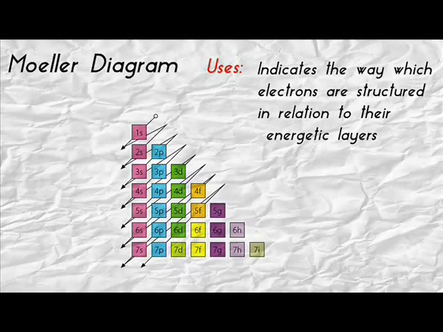The Molar Diagram indicates the way electrons are structured in relation to their energetic layers. In order to calculate the electronic configuration of any element found on Earth, you need to know the number of electrons it has and then follow the lines of the arrows in order to create a linear code that gives us information about the orbits of the atom.